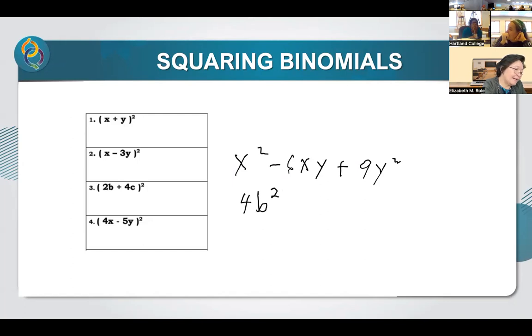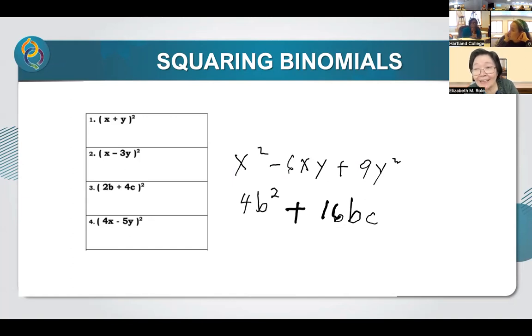Okay, then plus 16, okay, so that will be 8bc and multiply by 2. Good. 16bc. Just bc. 2b times 4c is 8bc.